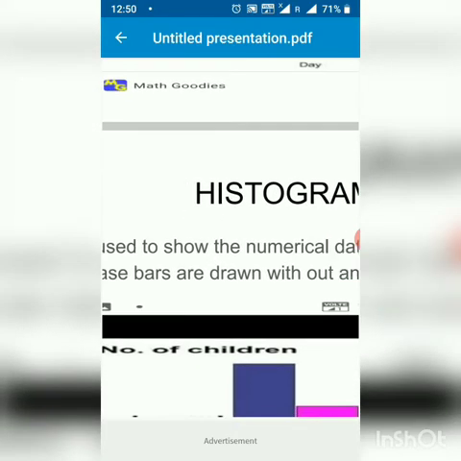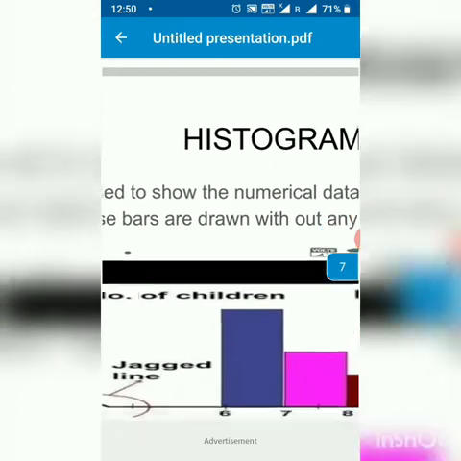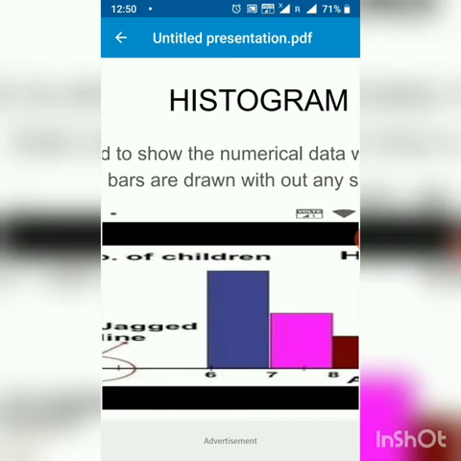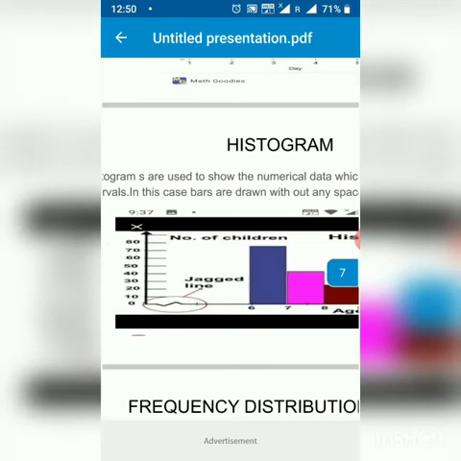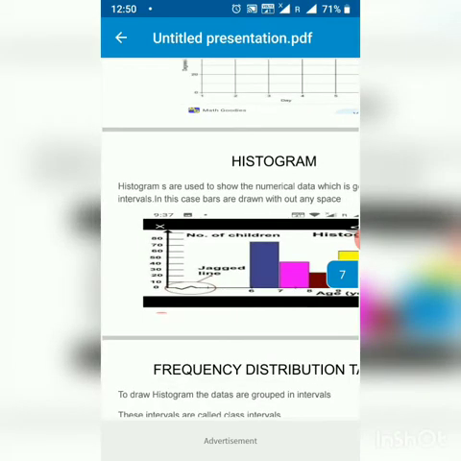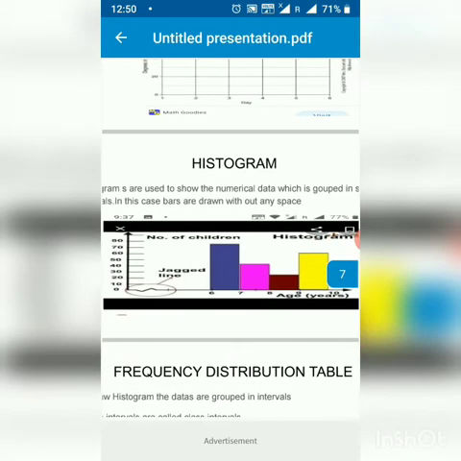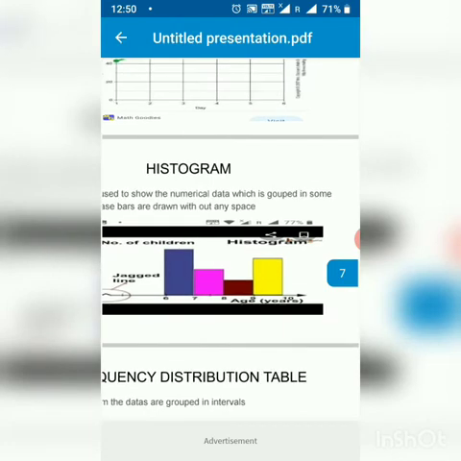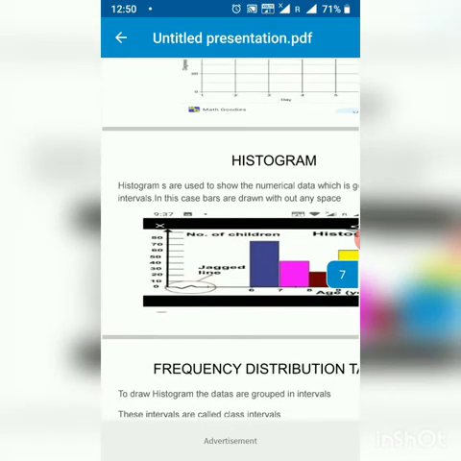Okay, then comes the histogram. Histograms are used to show numerical data which is grouped in some intervals. Okay, so here the data are grouped.